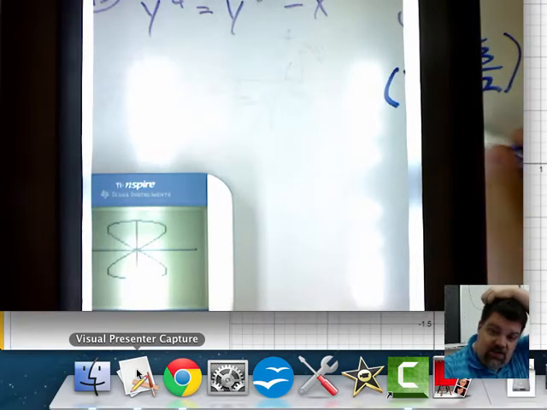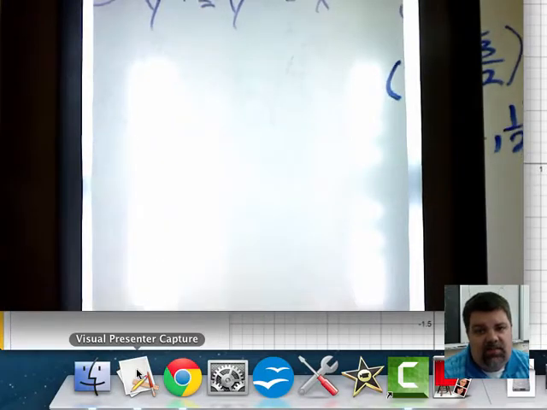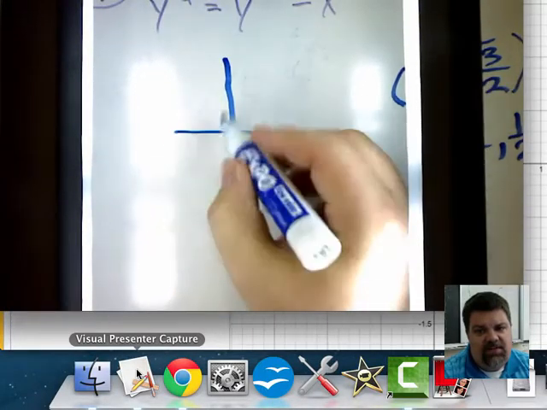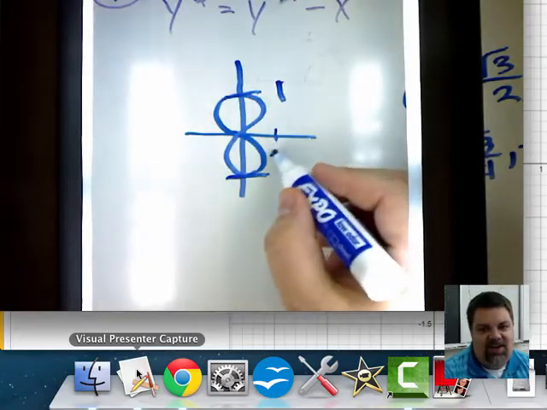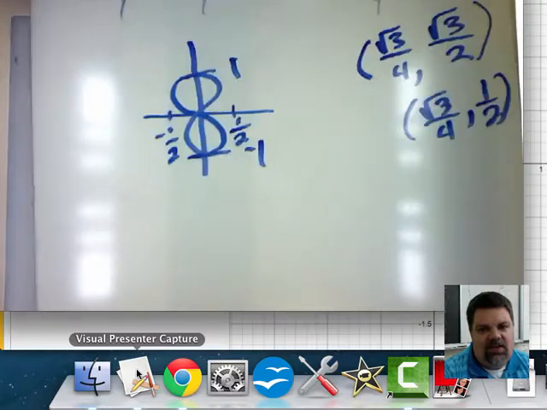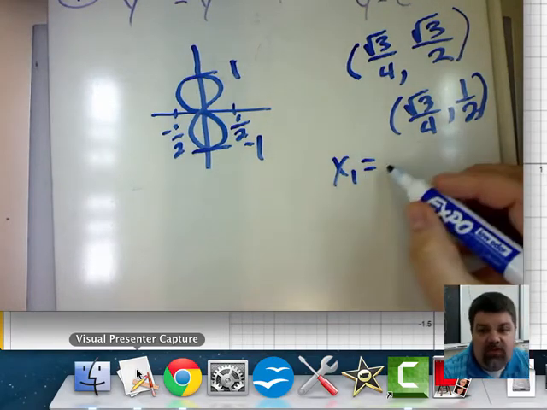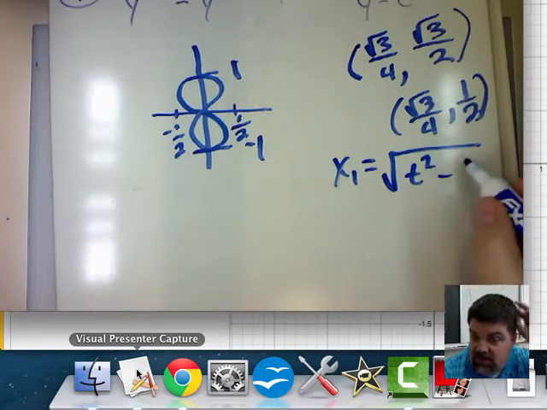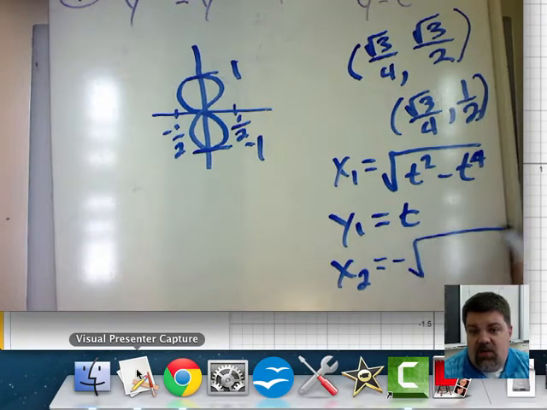But I always like to look at the graph, and they give us 2 points that we're supposed to plug in. And let me write these down real quick, and then I'll move the calculator out of the way so you can see them. So we're going to have to figure out the slope of the tangent at root 3 over 4 comma root 3 over 2, and then at another point root 3 over 4 comma 1/2.